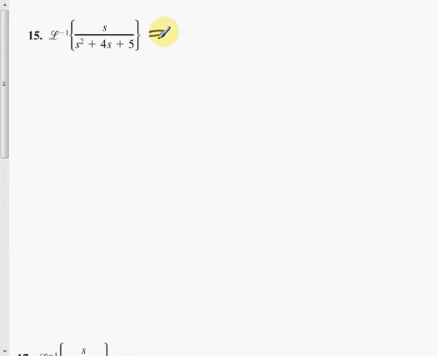So what I'm going to do here is, if I could factor that denominator, I would use partial fractions, but I can't factor it like that. So I must complete the square.